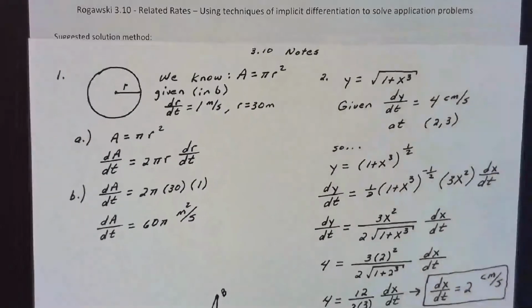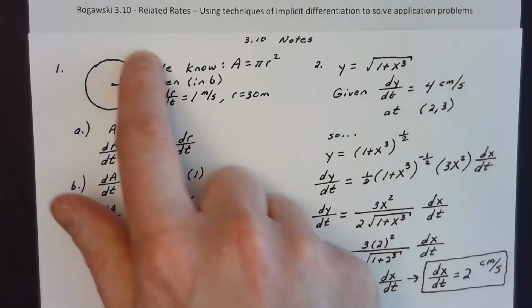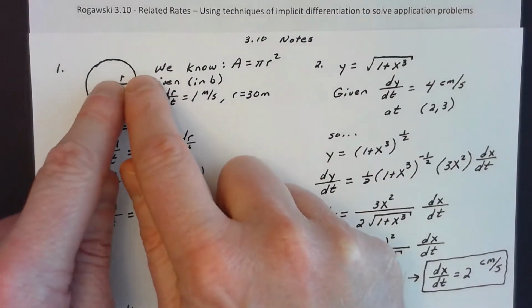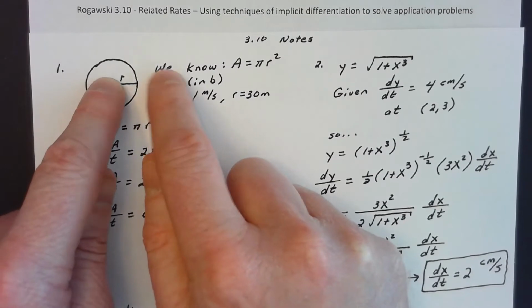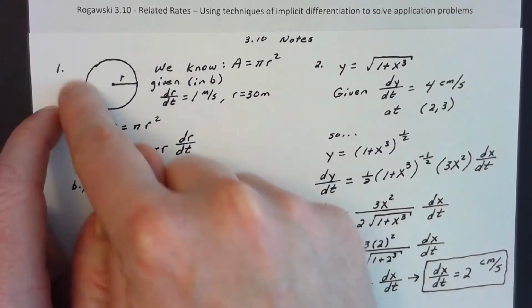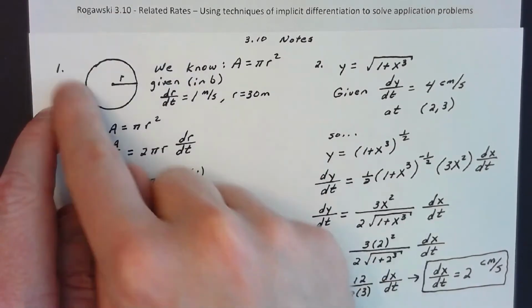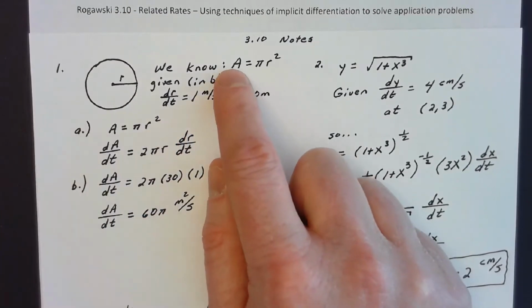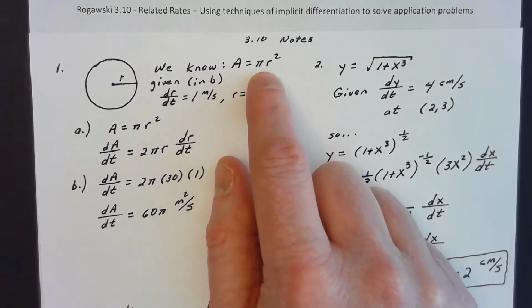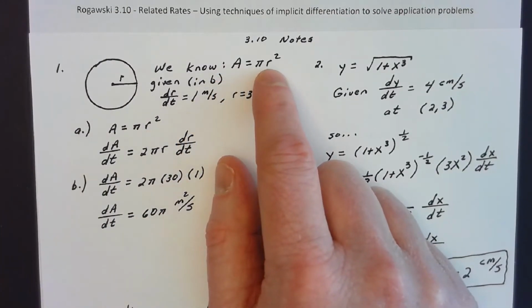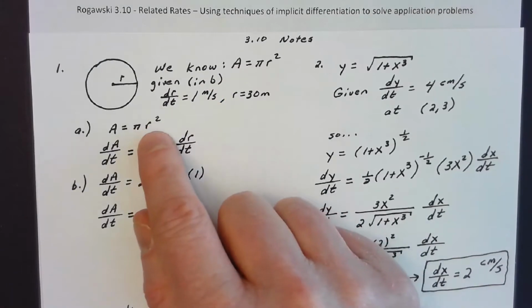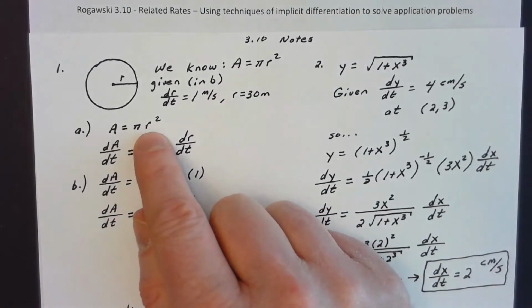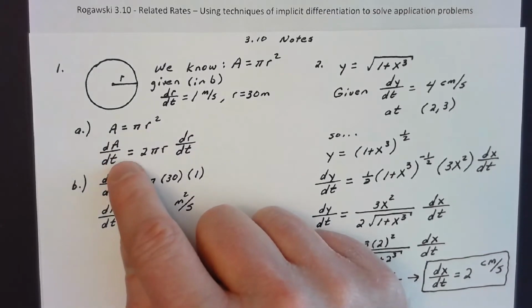That should make sense to you. If we have a circle of radius r and that radius is growing, clearly the corresponding area is going to grow. Our formula is area equals pi r squared. So I need to take the derivative of that equation with respect to t.